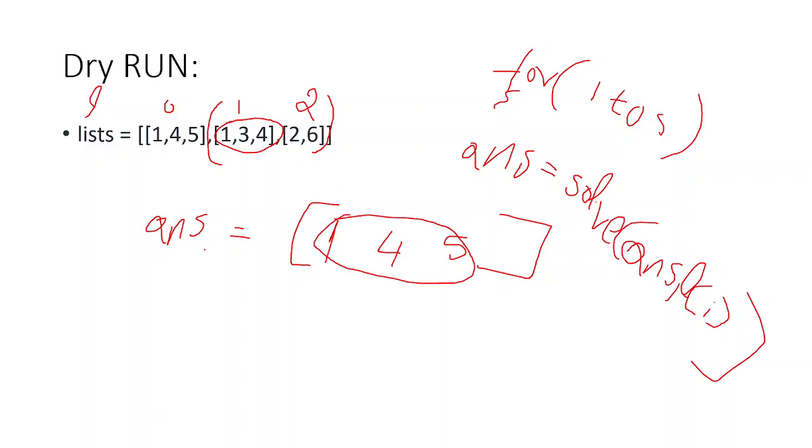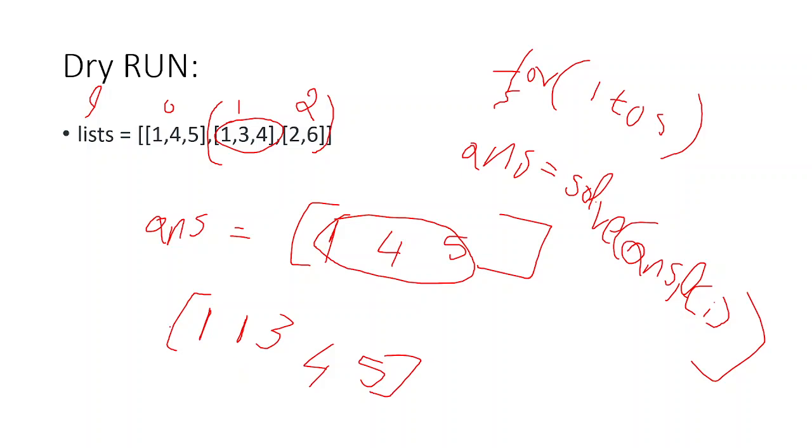So what will be the answer now after merging? It will be 1 1 3 4 4 5, right? Now this will be the answer list. Cool. And after that it goes to 2. So now it will be merging the answer list and the second list, right?